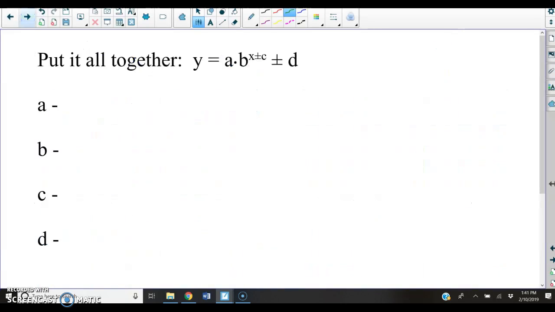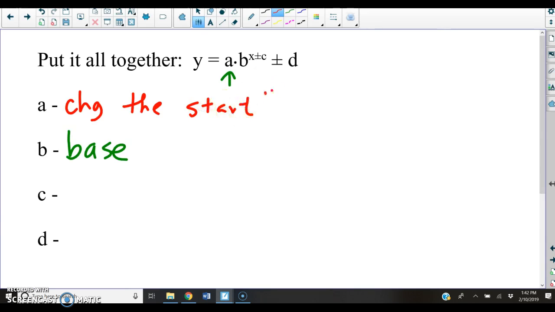Okay, so if we put it all together, B is your base. It's what you multiply. The bigger B is, when it's more than 1, the quicker it goes up. Okay, what does A do?